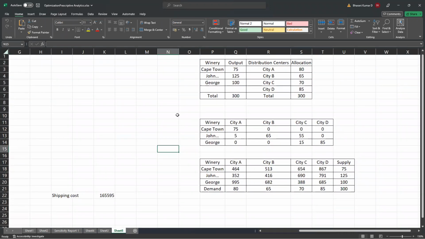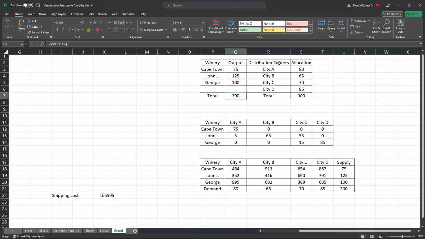Say we have wine which is getting manufactured, and we have wineries in Cape Town, Johannesburg, and George. 75 tons, or however you measure this particular wine, 125, 100. So in total you have 300.